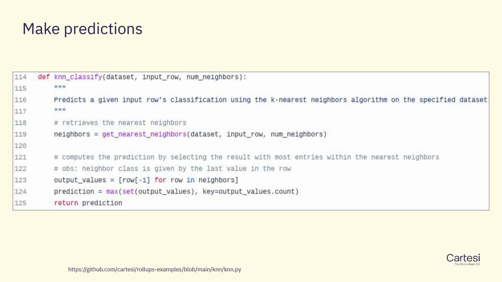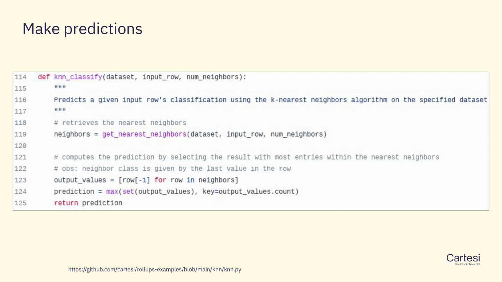It's more the AI researcher's job to configure it properly to work for the problem. And that's it for the KNN code.